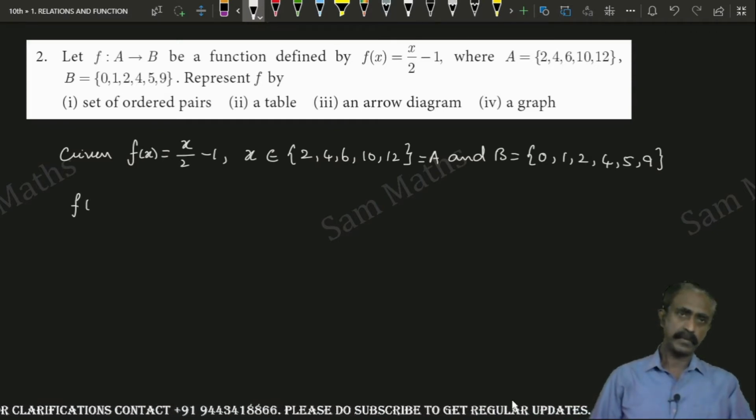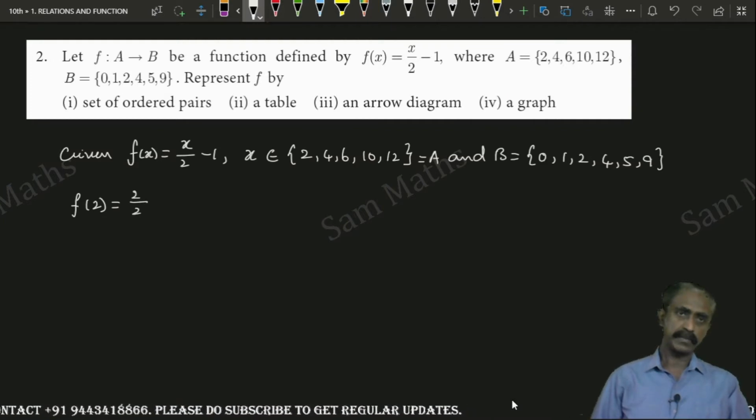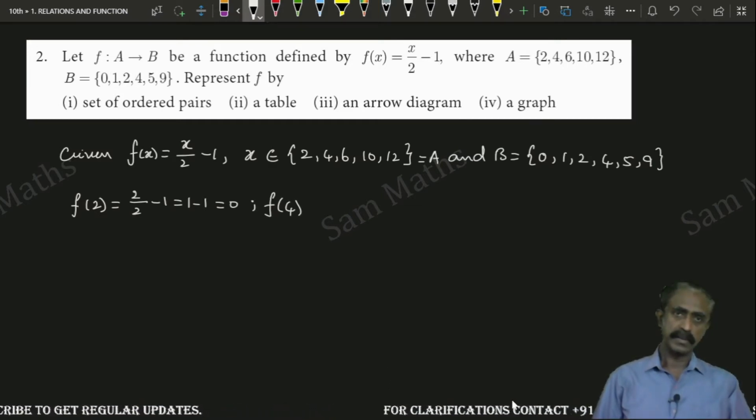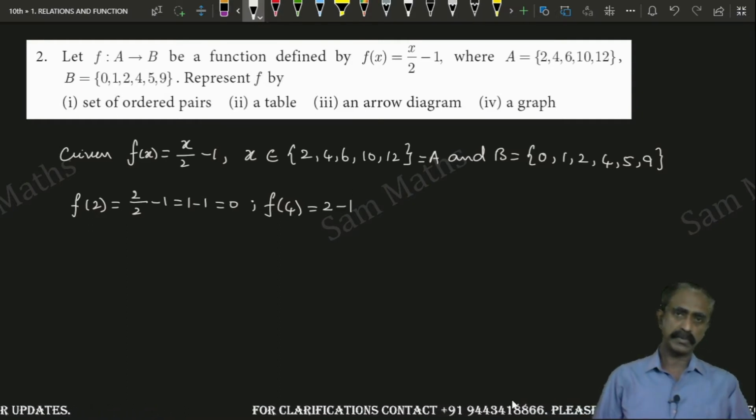F of 2 is equal to 2 divided by 2 minus 1, that is equal to 1 minus 1 is equal to 0. For the second one, that is f of 4, which is equal to 4 by 2, that is 2 minus 1, that is 1.